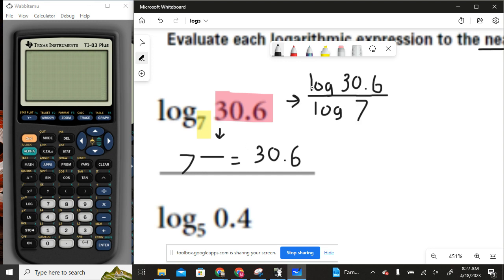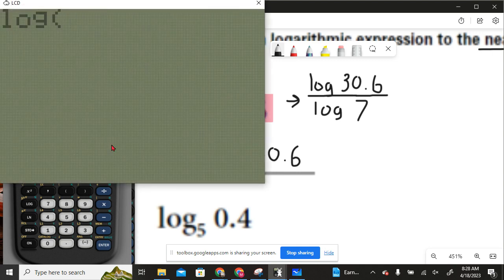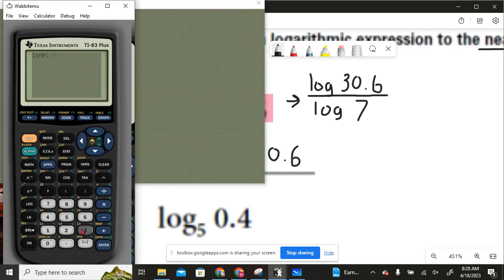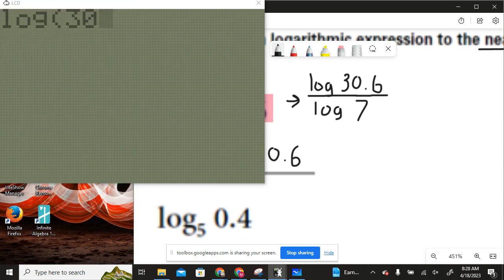Now, this isn't a normal division here, so you will need the calculator. Don't try to do this in your head because your head's not going to work for this. So let's turn on the calculator. Let's get you guys a better view of this. All right, so we got a log of 30.6, and we're dividing that by the log of 7.